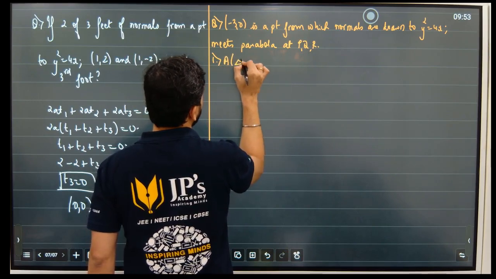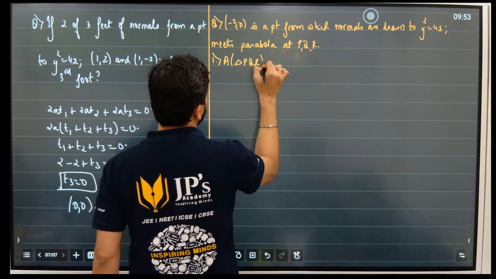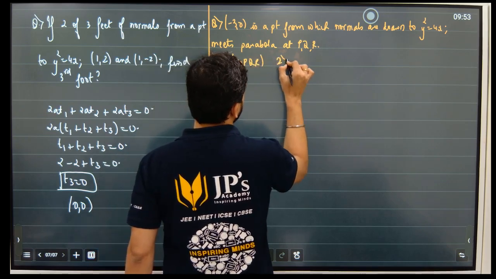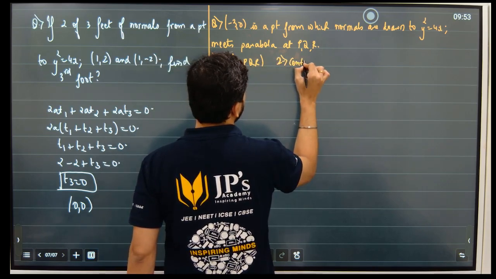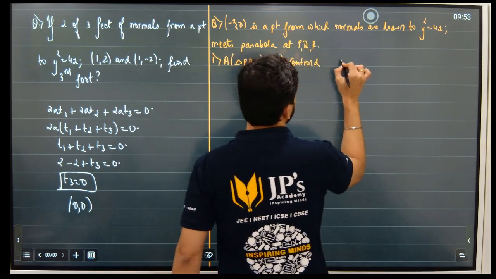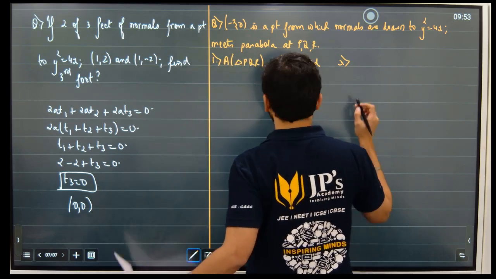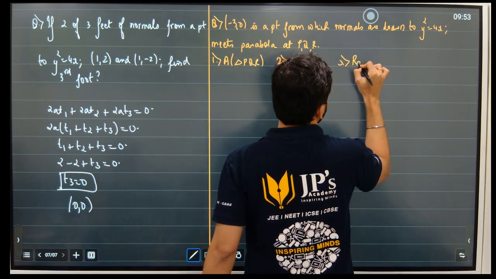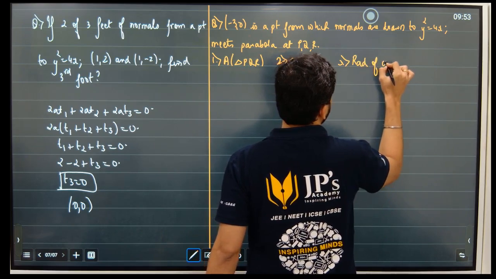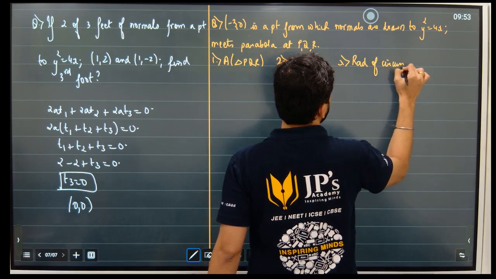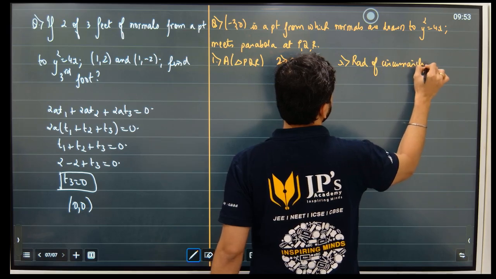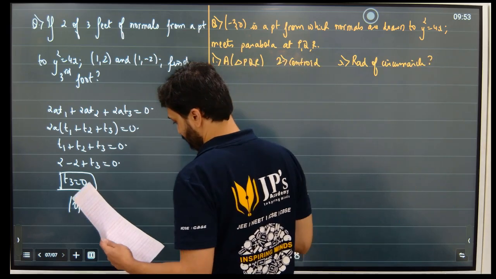You have to find the area of triangle PQR. Second part, find the centroid. Third part, you have to find the radius of the circumcircle of PQR.